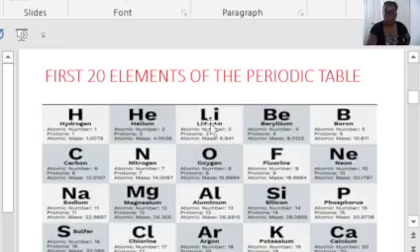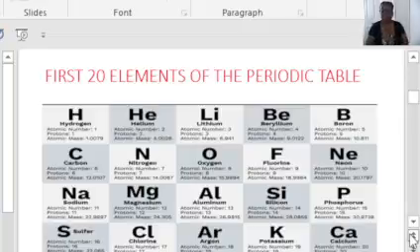Alright, so there we just have listed the first 20 elements of the periodic table.